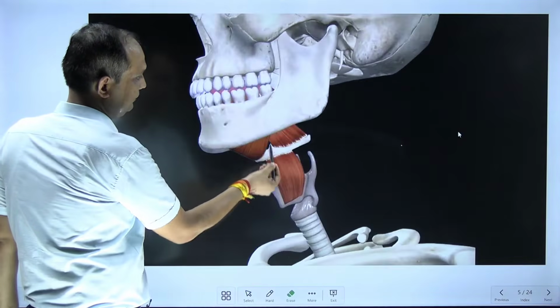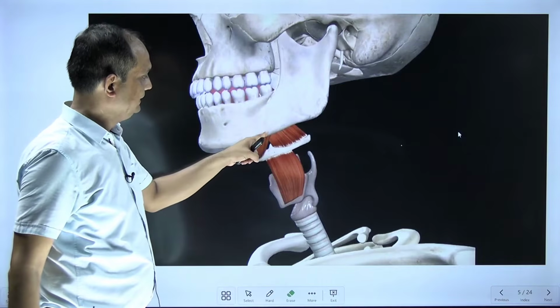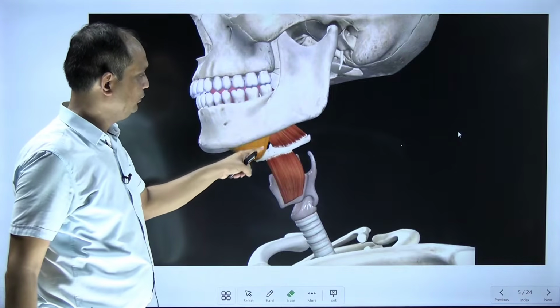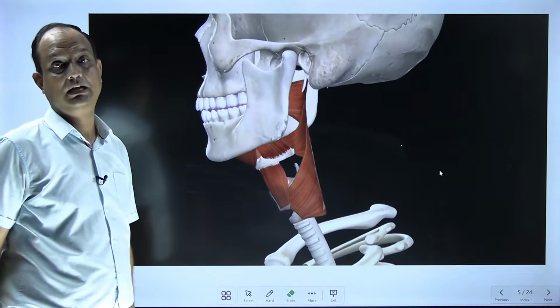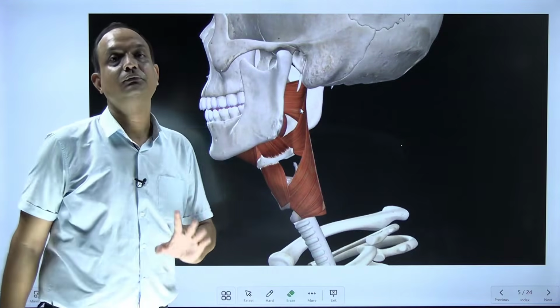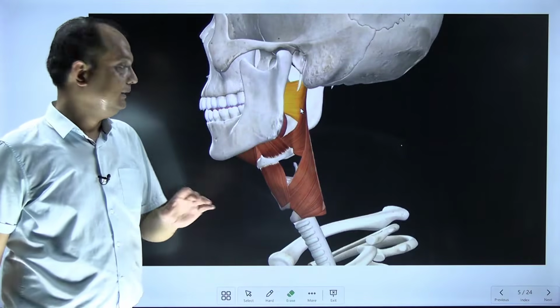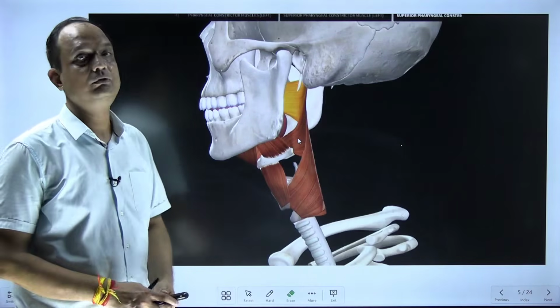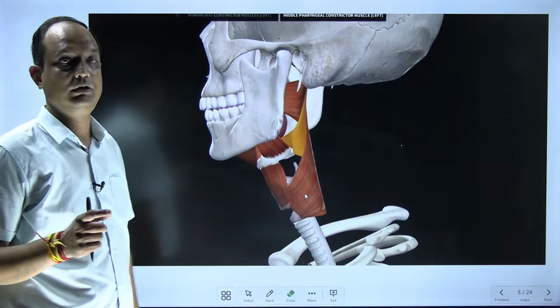So on the lateral side of the hypoglossal, you will find that the anterior part of the hypoglossal is overlapped by the posterior part of the mylohyoid. So my dear friends, the mylohyoid is not going to form the floor of your carotid triangle. It is the hypoglossal which is going to form the floor of carotid triangle.